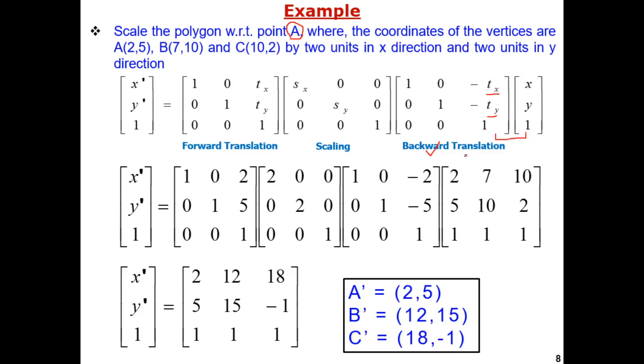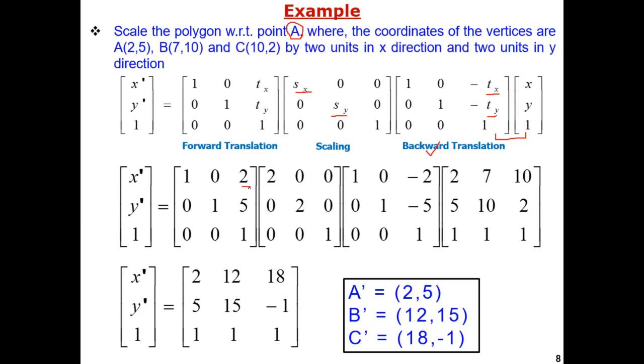After the resultant, matrix multiplication will be applied. Here the scaling factor is sx equal to 2, sy equal to 2. That scaling matrix will be there, and after that the forward translation with the values 2 and 5 will be applied.